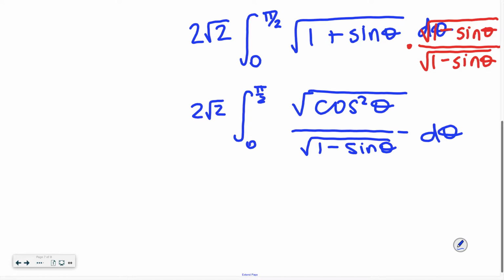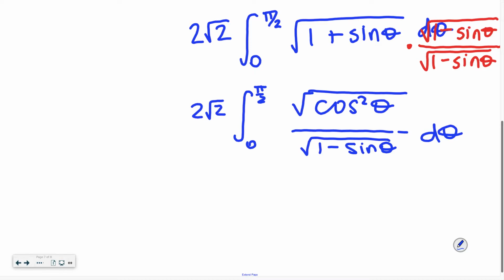When the inside is negative. In the second quadrant, cosine is negative. If I did the square root of cosine squared and plugged in 2 pi over 3, it would not be equivalent to the cosine of 2 pi over 3.